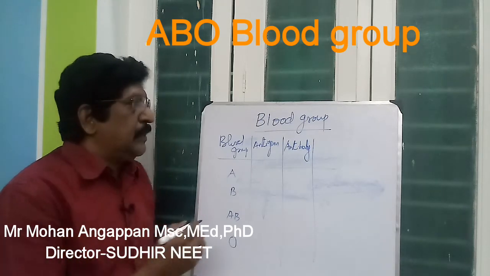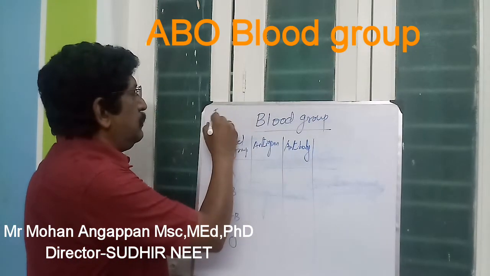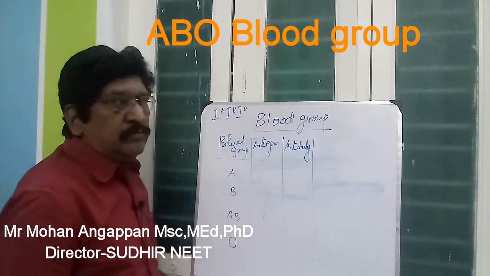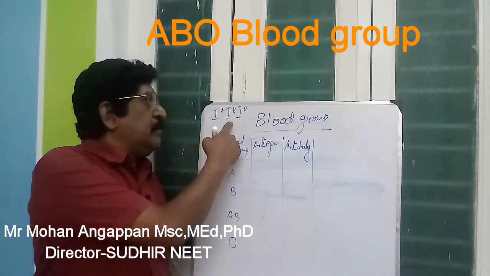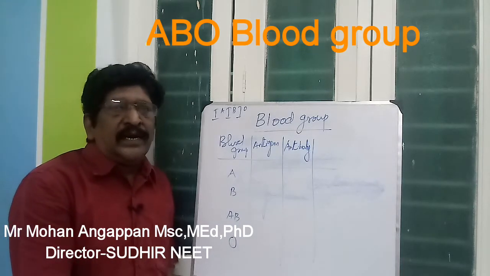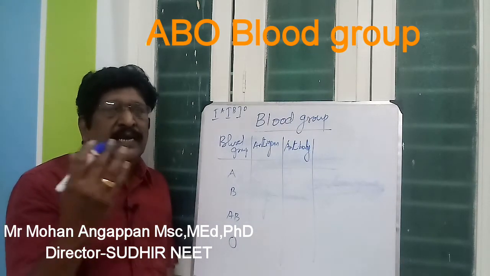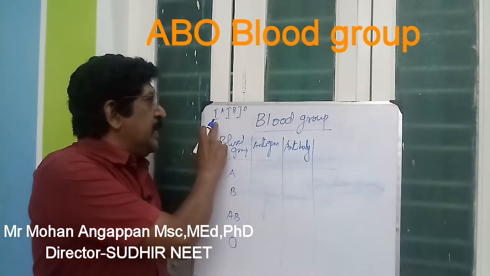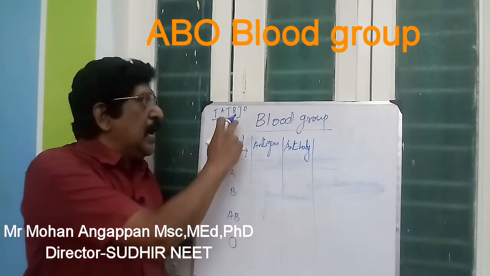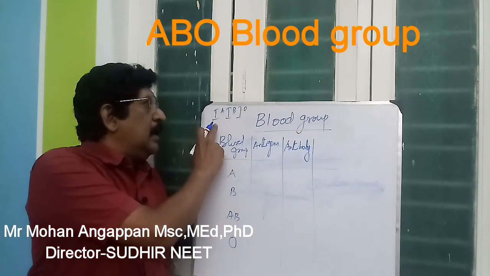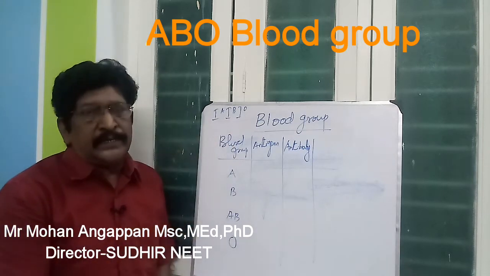Three genes, IA, IB and IO. IA and IB are dominant, IO is recessive. So you know what is dominant and what is recessive, that we will discuss when we take up genetics. So here you must know the IA and IB are dominant and IO is recessive. IA and IB, these two are codominant.